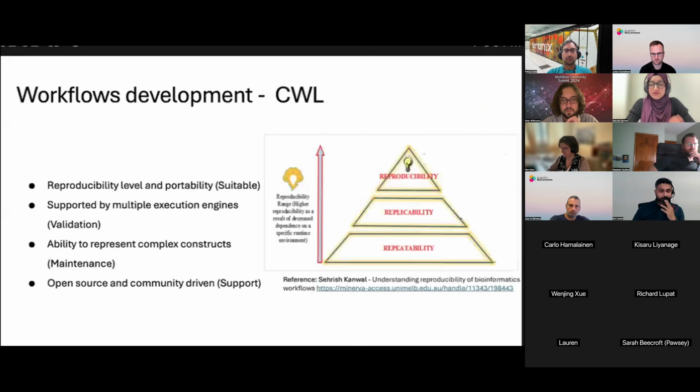If you think about these factors, we are using CWL as our major language for workflow development because it's open source and community driven. That's the major motivation for us, which makes it really easy to access support and ask for advice in case of any issues. Also, if you think about the reproducibility range, which we all talk about in the workflows domain, a higher level of reproducibility for workflows is possible if you have the least dependence on your runtime or execution environment.